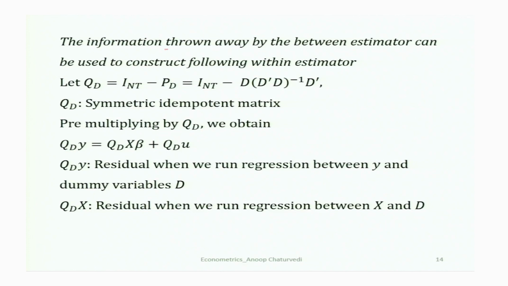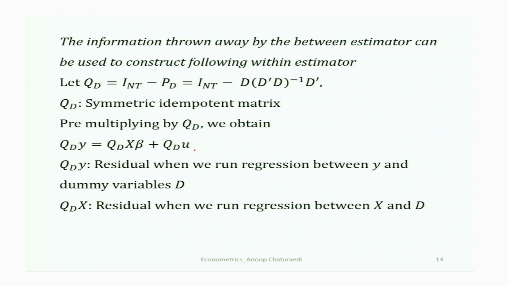Then the information thrown away by the between estimator can be used to construct the following within estimator. Say you have Q d equal to I n t minus P d, or I n t minus d, d transpose d inverse d transpose, where Q d is a symmetric idempotent matrix. Then we pre-multiply the entire model by Q d.